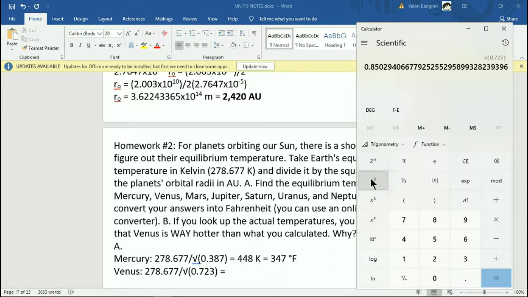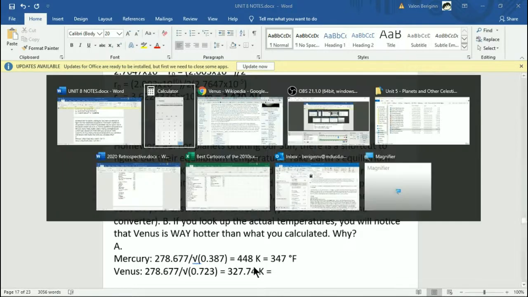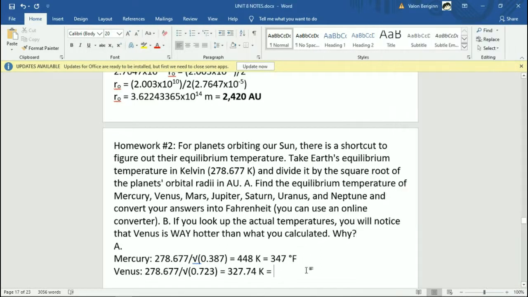Square root, divided by, and flip it: 327.74. Which in Fahrenheit is 130.5. Now I'll get back to this, because if you know some things about planets, you may realize something about that number, but we'll get back to that.